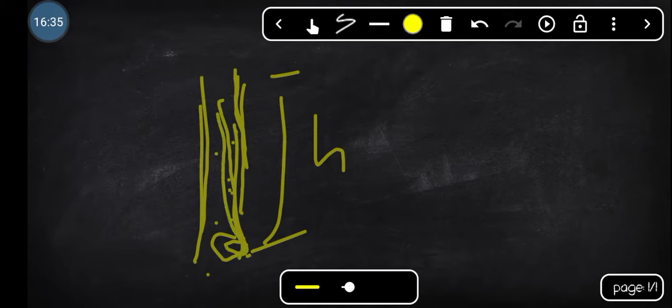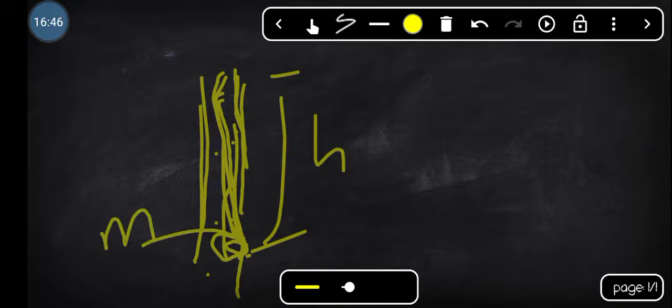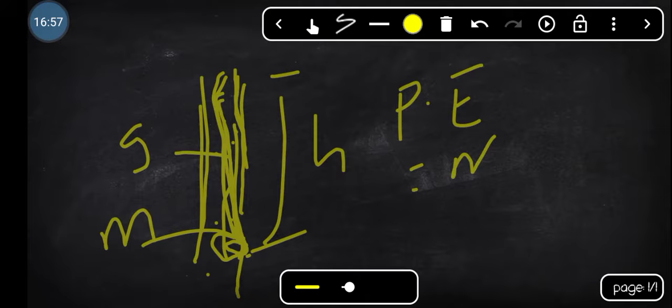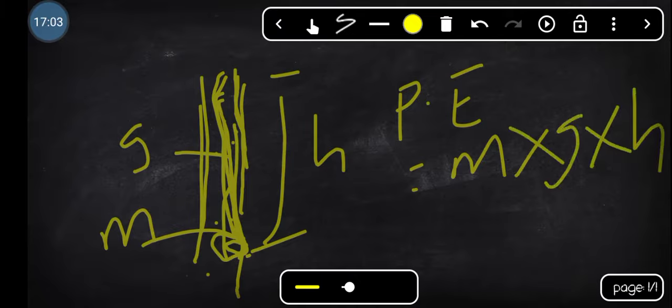Maybe you have a pipe and water rises from bottom to top. If you know the mass of the water, and the gravity g, therefore we can find the potential energy. So the potential energy will be equal to m, the mass of water, times g, times h. That is very important for us to note. Now that is all about potential energy.